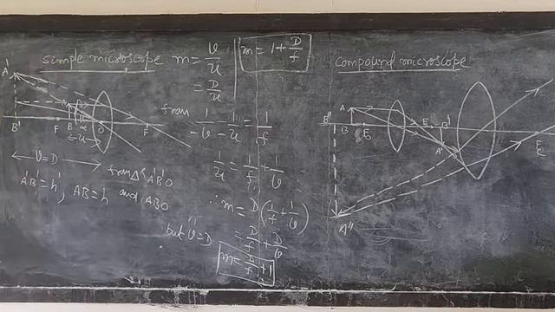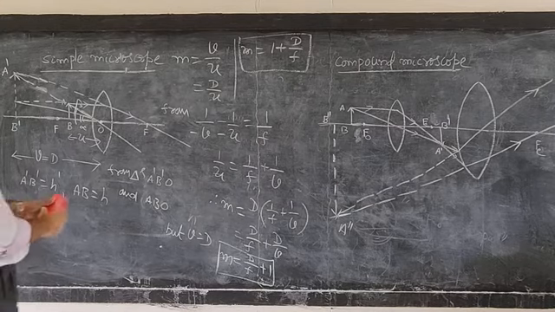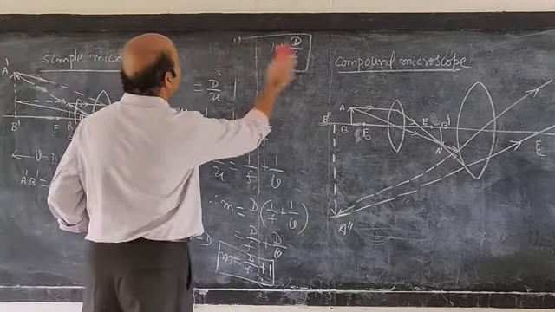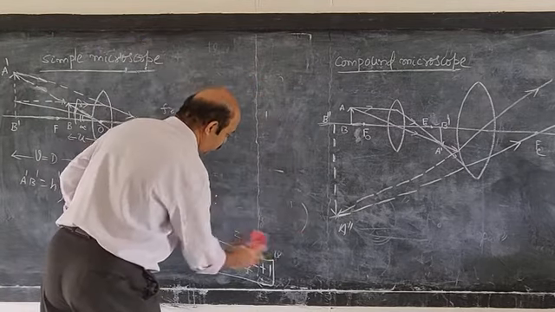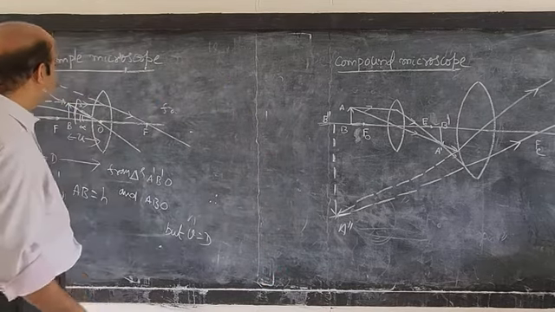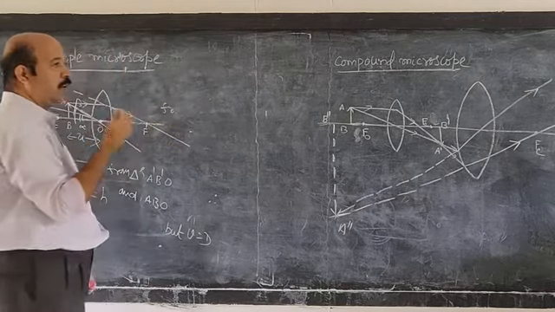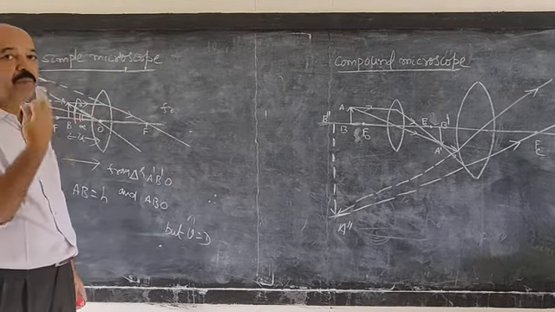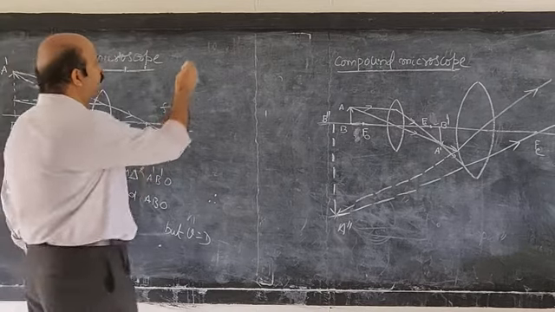Suppose the image is formed at infinity, so what happens? Let us derive that formula. We know that for clear vision, the minimum distance we have to keep the object from the eye is d.